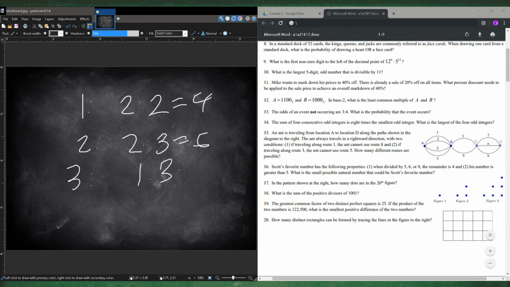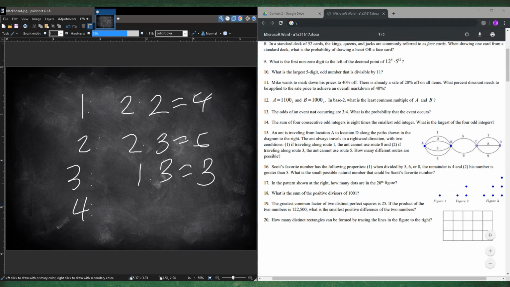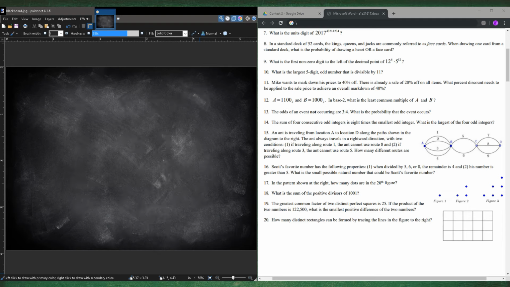So it's 1 times 3 is 3. And 4: there's no condition, so you could use 2 here and 3 here, so 2 times 3 is 6. The total is 4 plus 6 is 10, plus 3 is 13, plus 6 is 19. So the total amount of routes it could go through is 19. You just break it down into parts and then solve it individually.